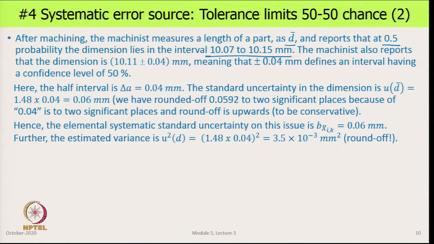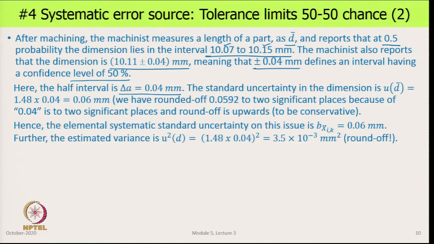The machinist also reports that the dimension is 10.11 plus minus 0.04 millimeters, meaning that plus minus 0.04 millimeter defines an interval having a confidence level of 50%. So, you can see that from here we are getting the same one there. 10.11 minus 0.04 is this value, plus 0.04 is this value. So, here the half interval delta A is 0.04 millimeters.